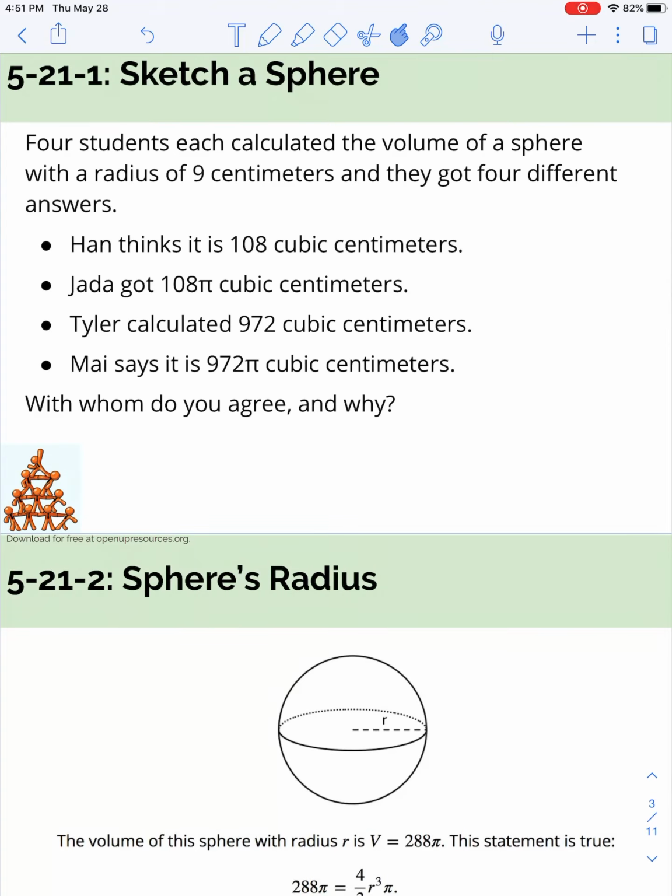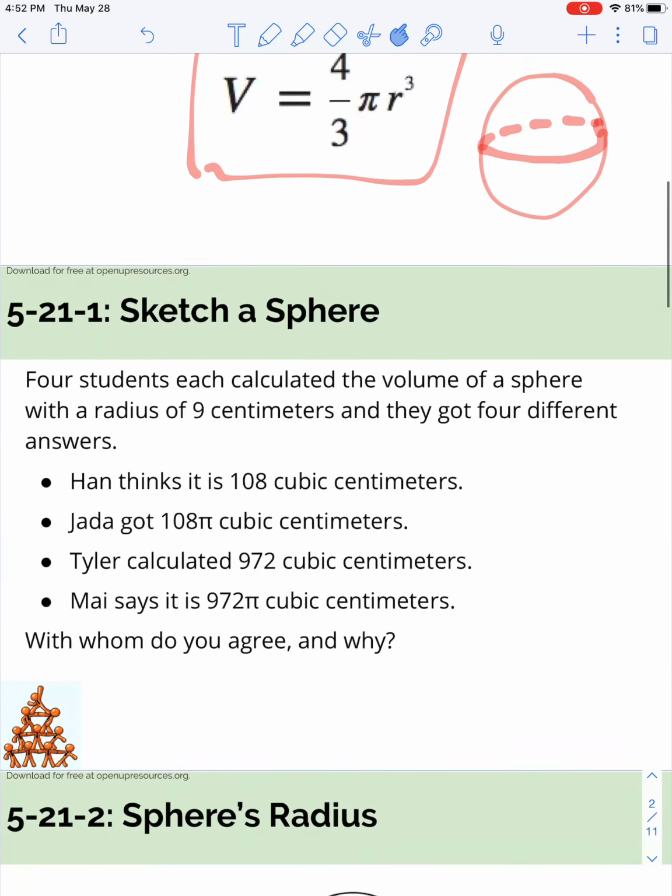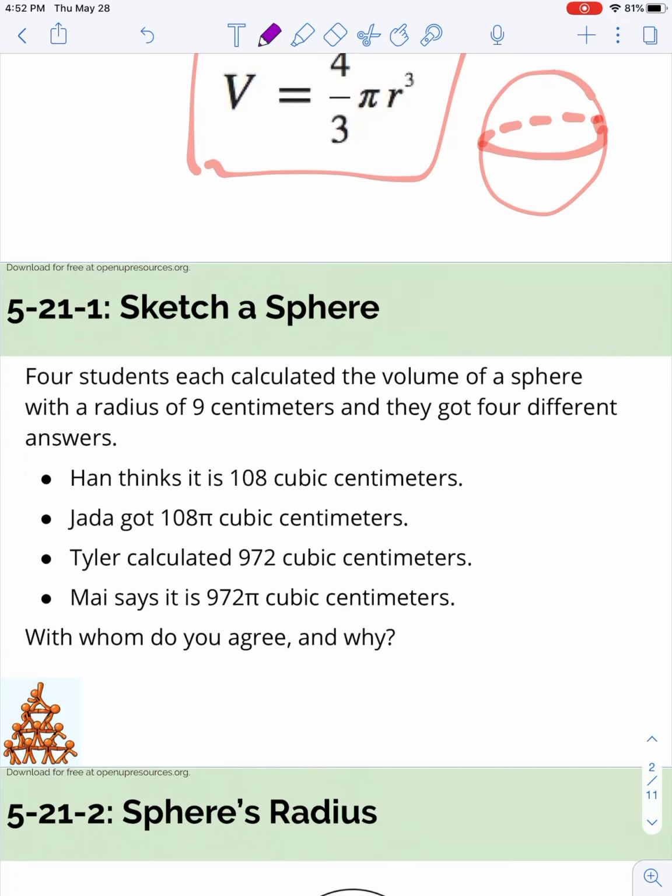Okay, so for activity 1, it says 4 different students calculated the volume of a sphere with a radius of 9 and they got 4 different answers. Okay. So going back up here, that's your formula.